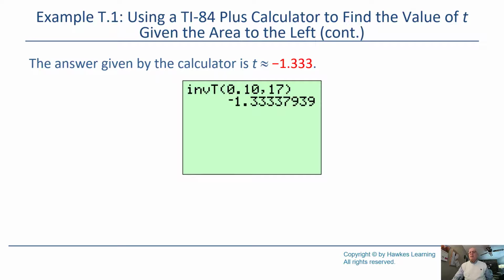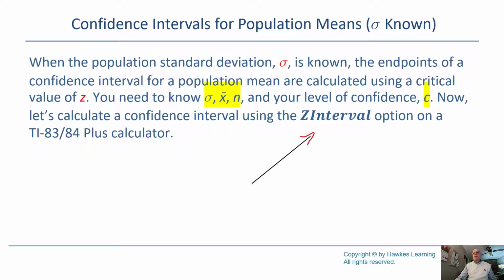Well, that's about it. Let's move on. Confidence intervals. We've already talked about that in class. First of all, we're going to talk about the Z interval. That's if you know the standard deviation, as opposed to T, an unknown standard deviation.